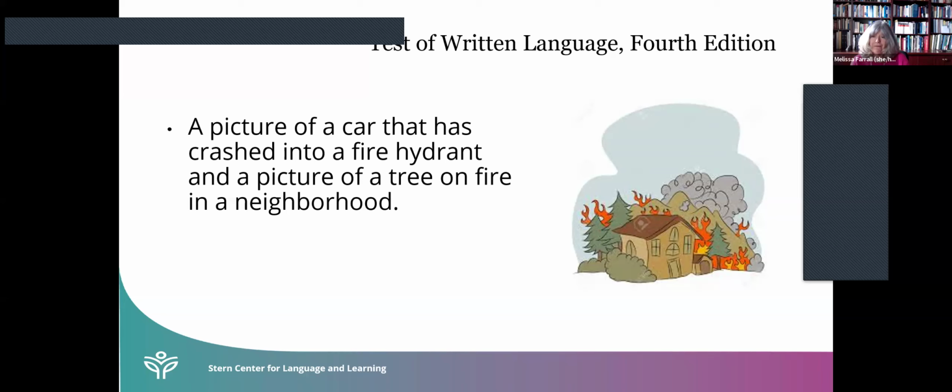You don't need any fancy words in order to talk about this content. So for me, I thought it was a lost opportunity. Yes, we can still test their writing, but we can't look at the quality of vocabulary so much anymore, because you don't need big words to talk about these particular incidents.